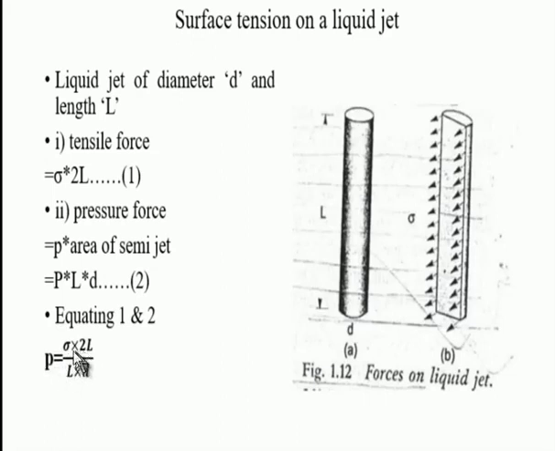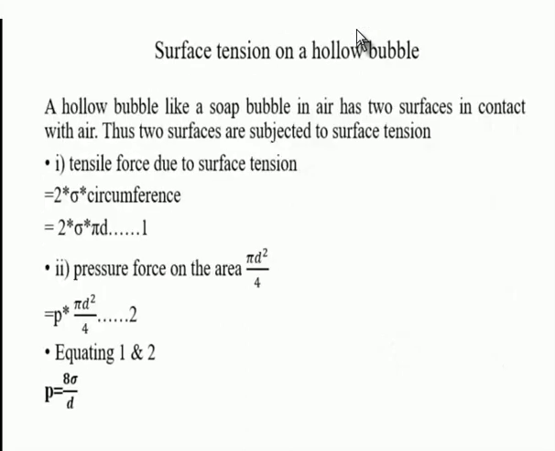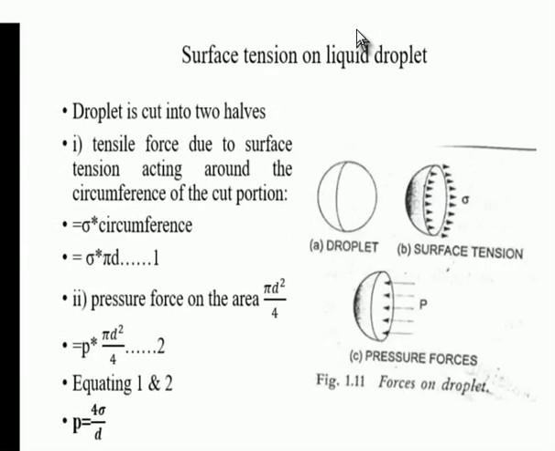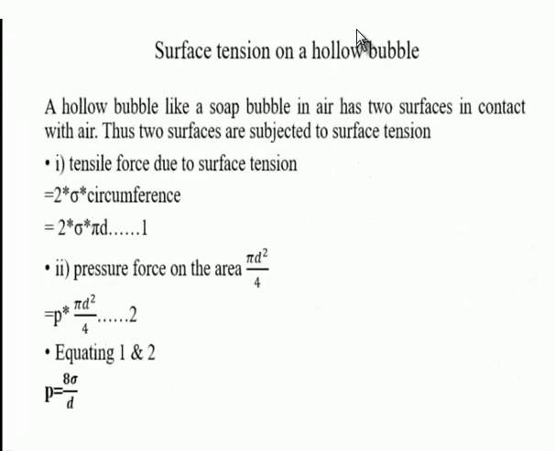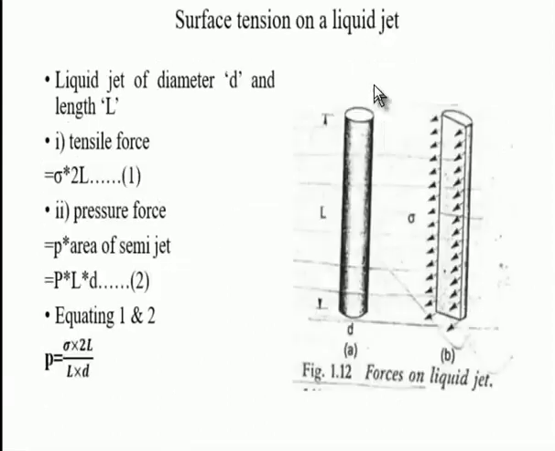This is P is equal to 2 sigma by d for surface tension on a liquid jet, and the others were for the hollow bubble and the liquid droplet. In each case we take the two forces, tensile force and pressure force, and equating them we get the pressure, P is equal to 2 sigma by d.